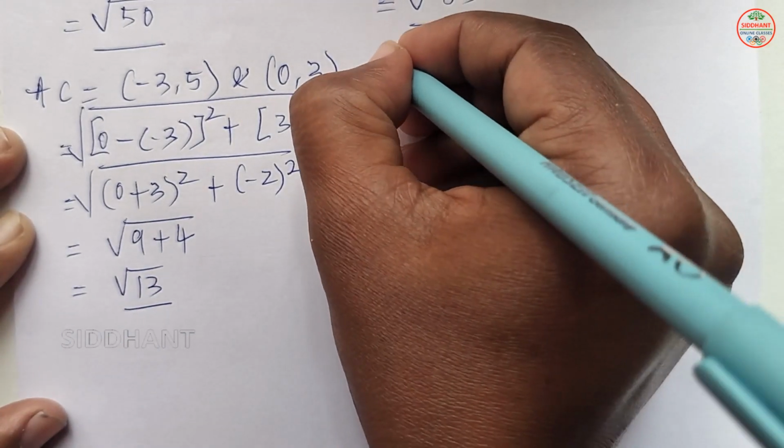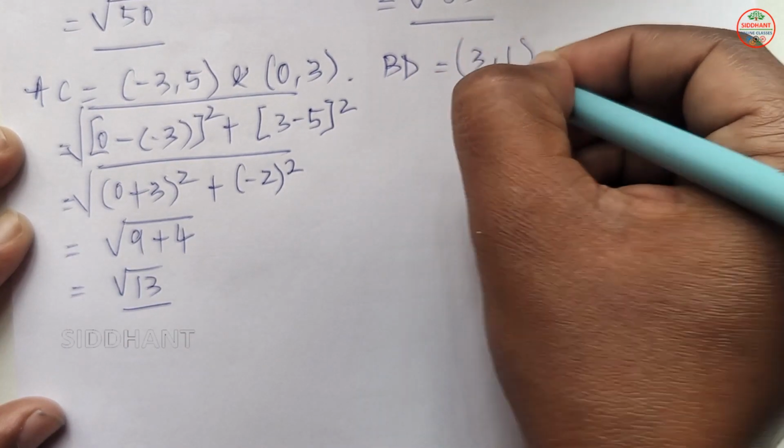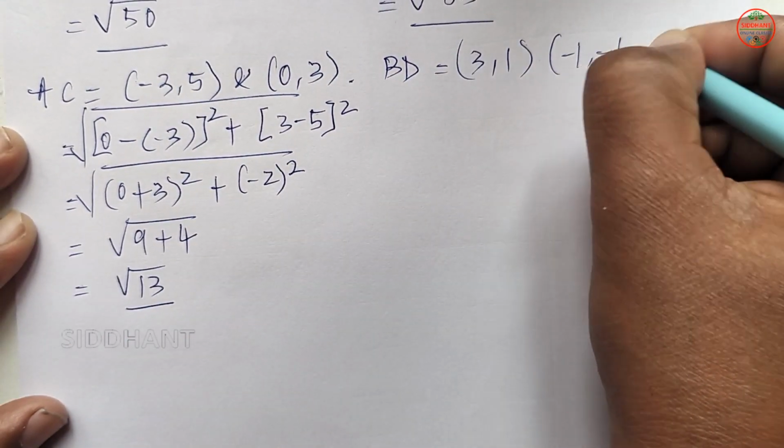Next BD we are going to see, which are the points 3 comma 1 and minus 1 comma minus 4.